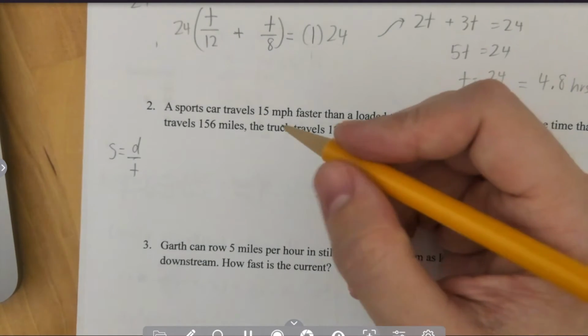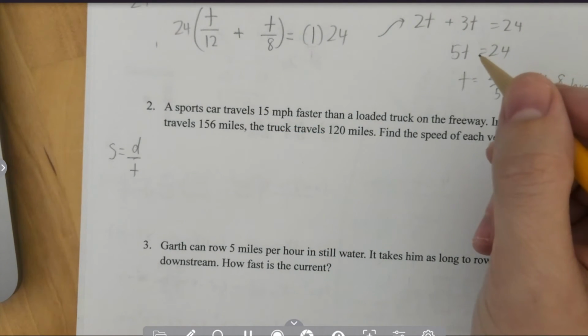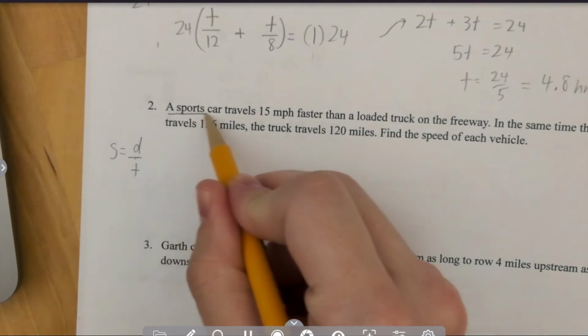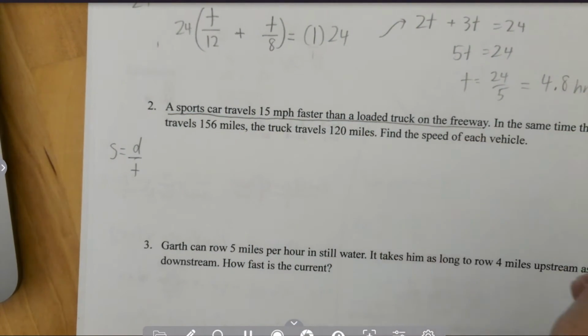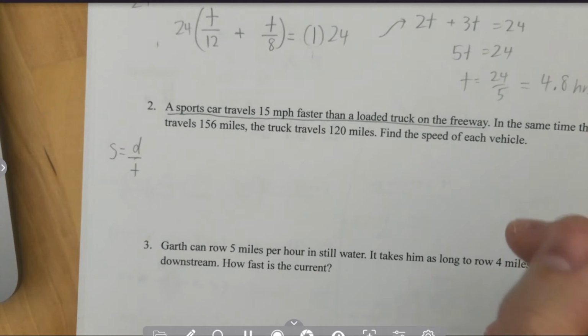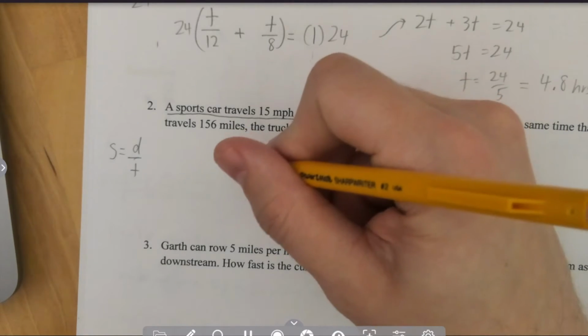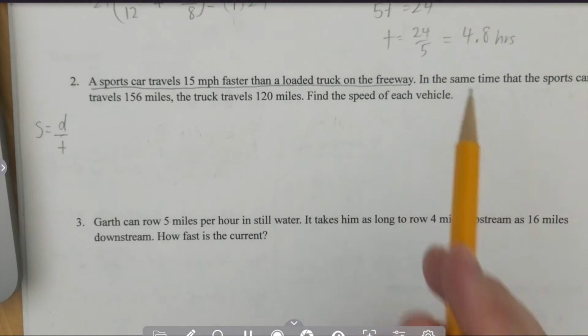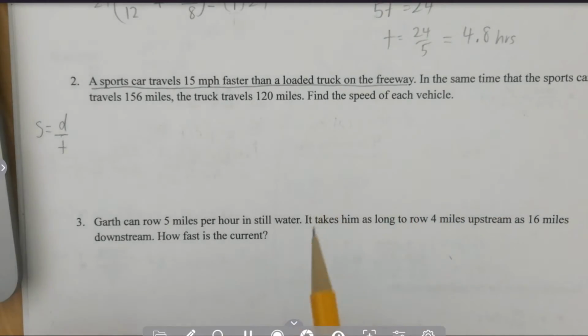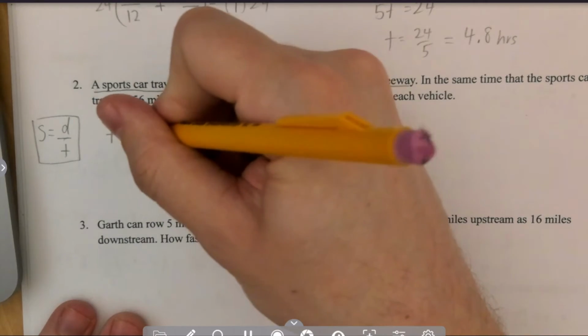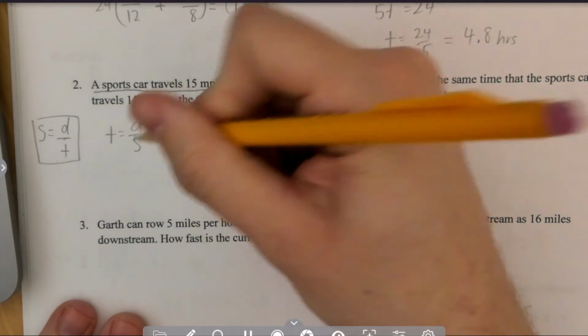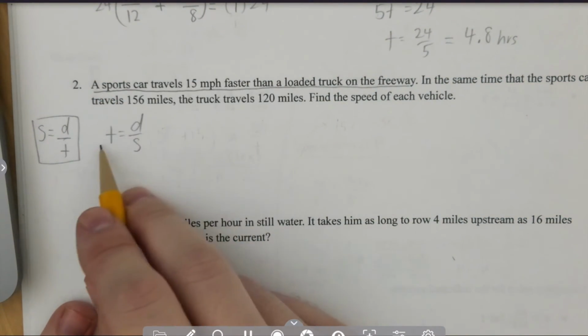Okay, now let's dissect this. It says a sports car travels 15 miles per hour faster than a loaded truck on the freeway. So what does that do for me? It says in the same time, so that means that the times are equal. So what I'm going to do is take this key formula here and rearrange it so that I can have time be solved for.